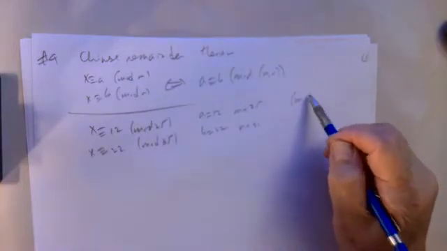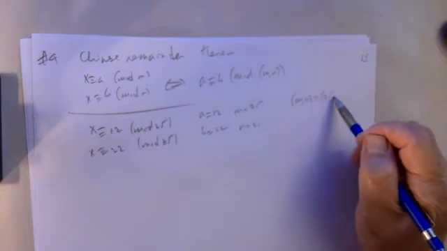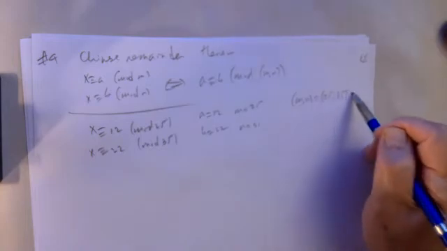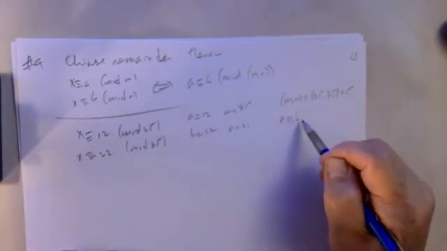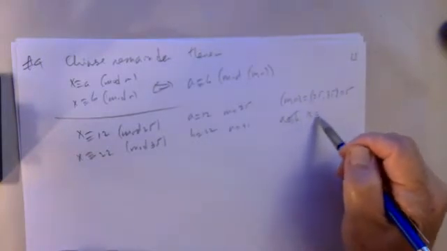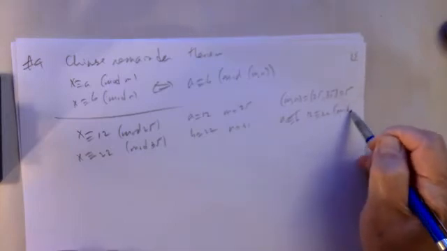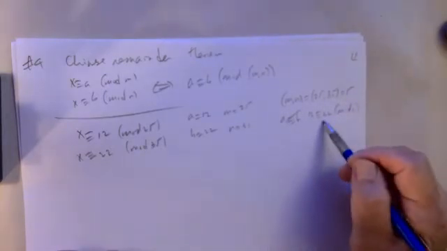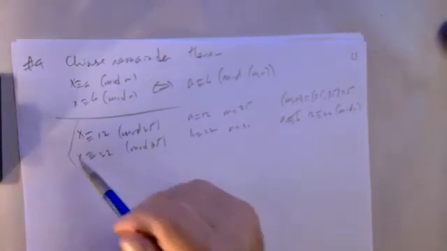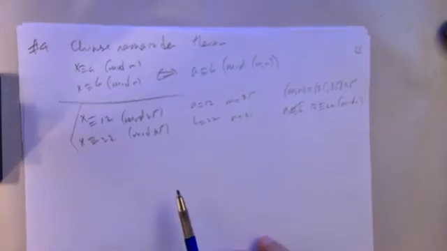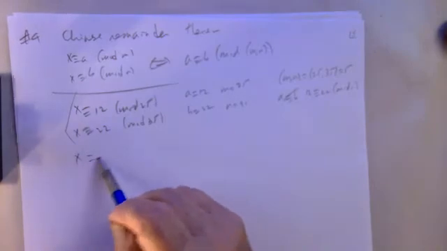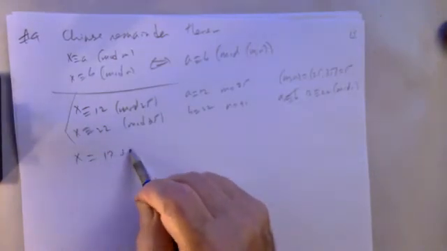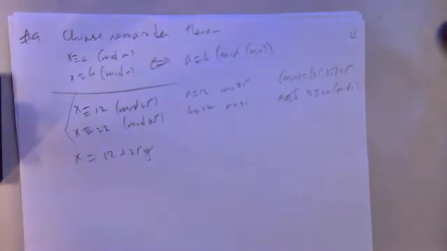The greatest common divisor of m and n is the greatest common divisor of 25 and 35. That's 5. And a is congruent to b, that is, 12 is congruent to 22 mod 5, because the difference is minus 10, and that's a multiple of 5. So we know there's a solution. And if x is 12 mod 25, x has to be an integer of the form 12 plus 25y.